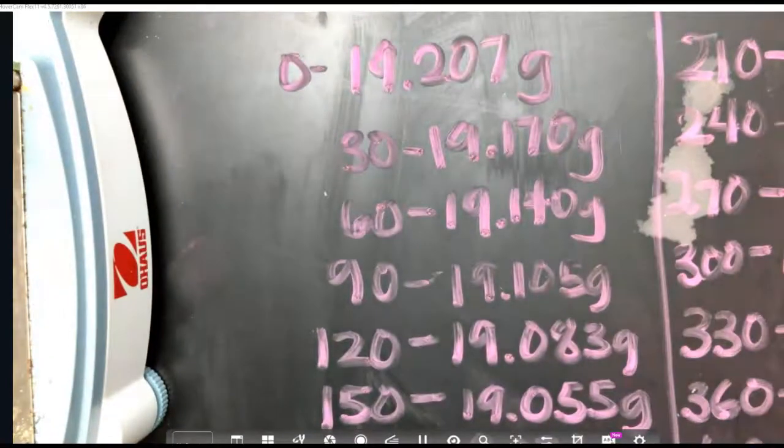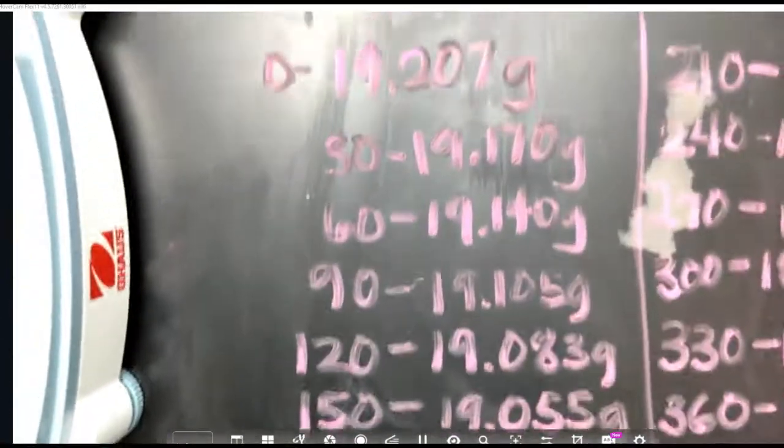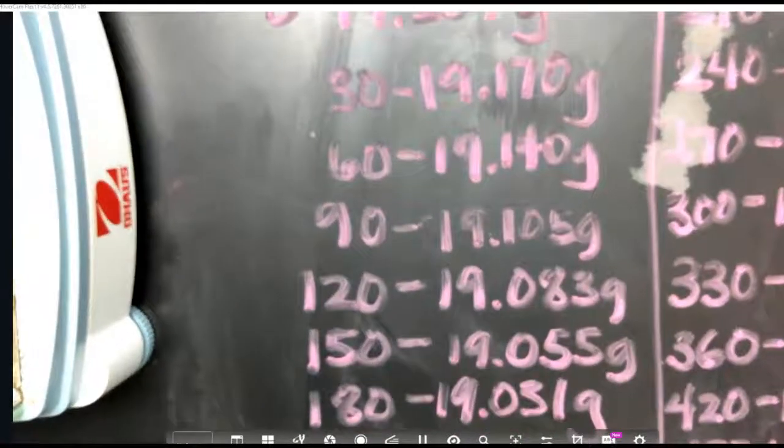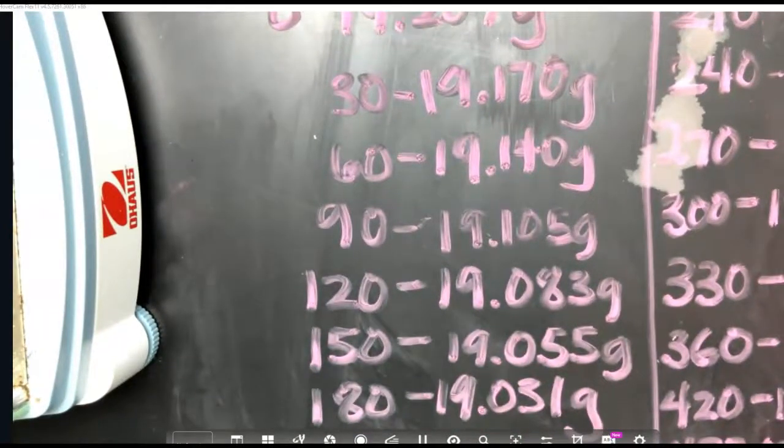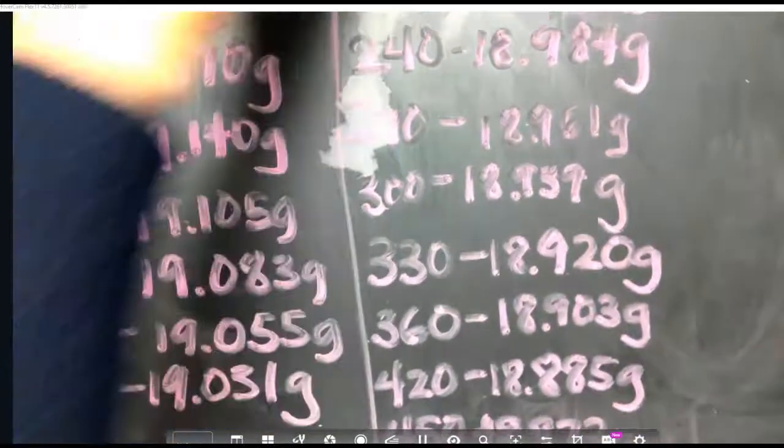Okay, and once we got done with the data collection on this next part, we got the rest of the data. We stopped at 60 seconds, so you see it ranged down to 180 seconds there. And then we also completed with the data for 210.